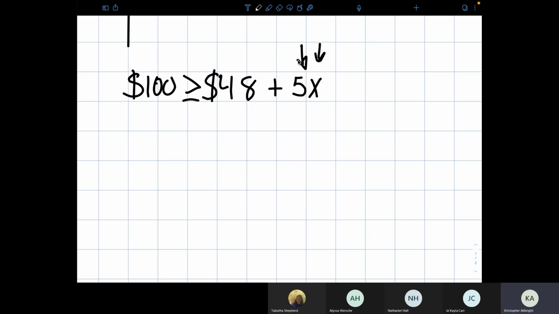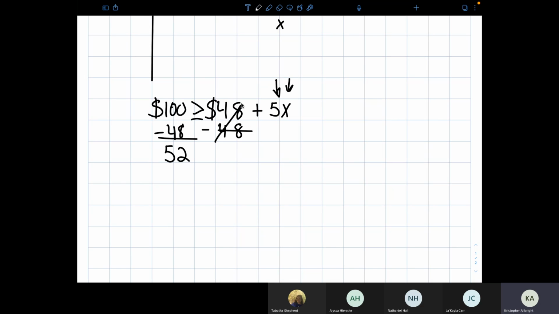It's not going to change depending on how many people are coming. So what we're going to do is subtract our 48 across, and what we're trying to do is just solve for x. When we get that by itself, we know the greatest value that x can be and still be less than 100.